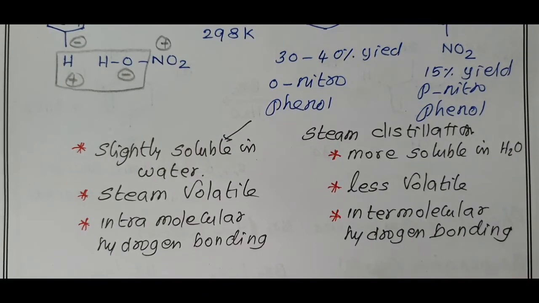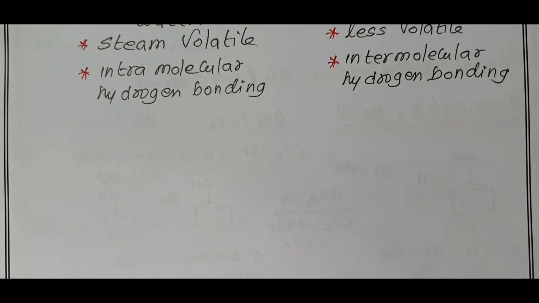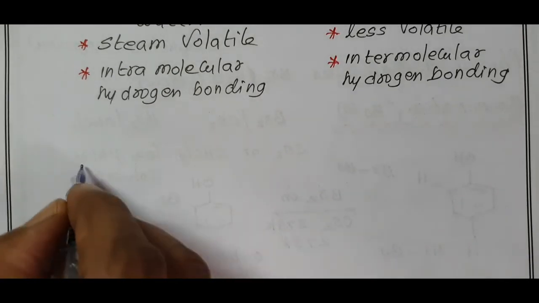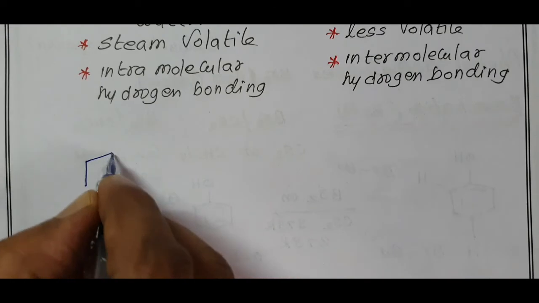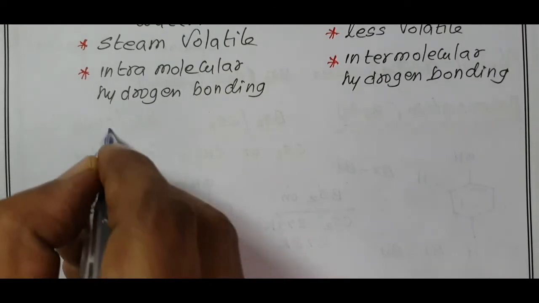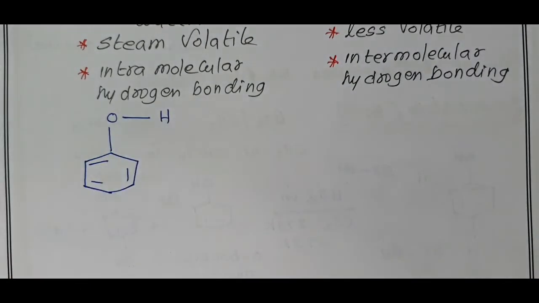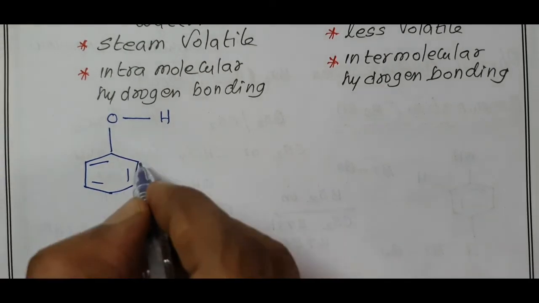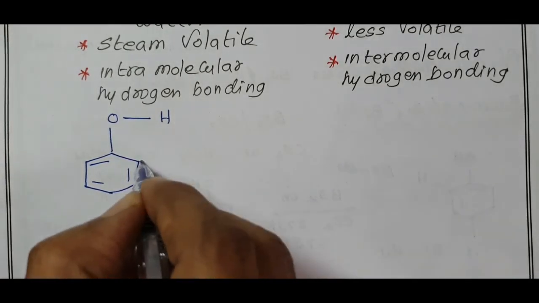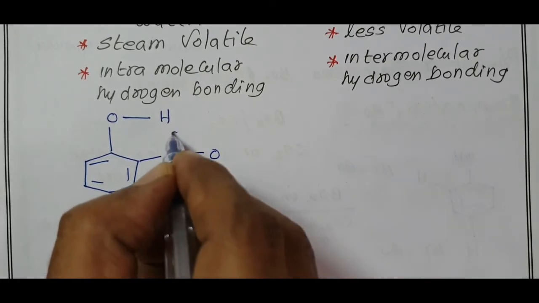How does intramolecular hydrogen bonding take place in ortho-nitrophenol? This is our ortho-nitrophenol, C6H4, OH, and in the adjacent carbon atom we have one NO2 group, simply N double bond O, one oxygen.